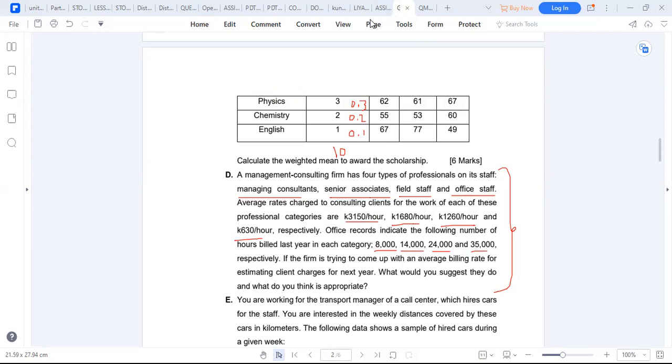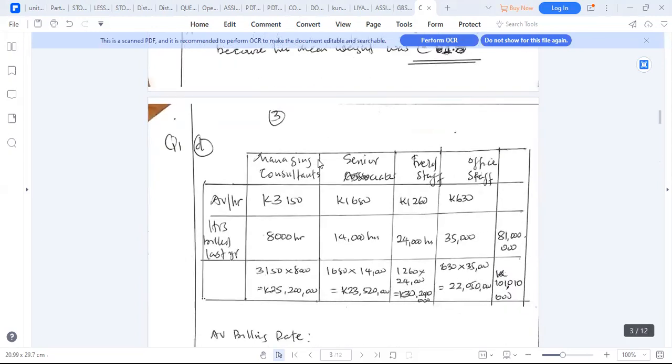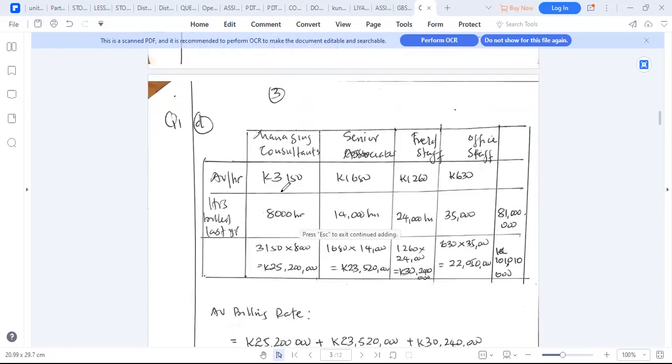Okay, so we are going to construct a table that will summarize our story here. We have the managing consultants with 150 taking 8,000 hours. So we multiply these two, and it costs for the managing consultants about 25 million.